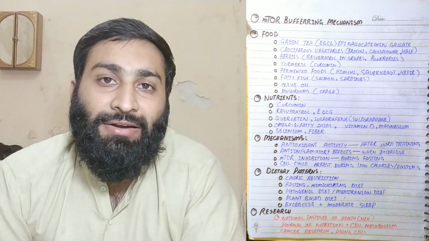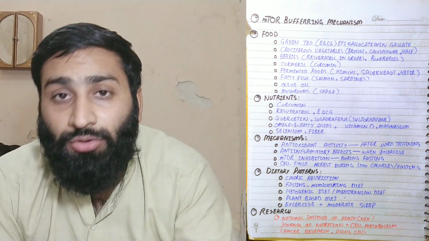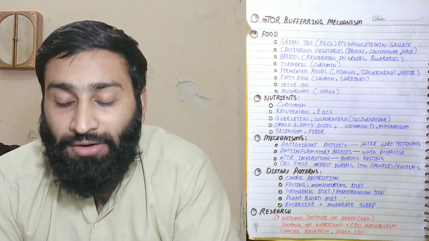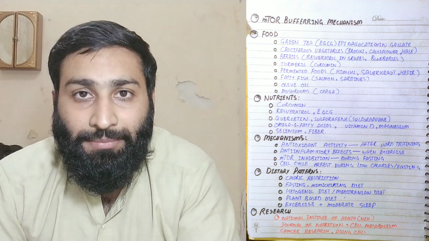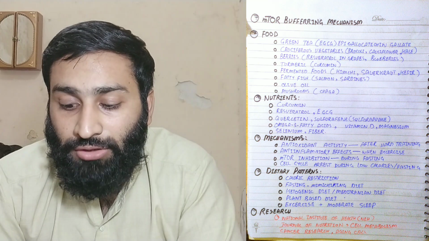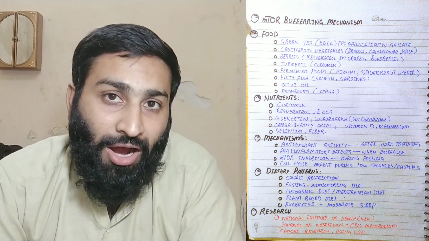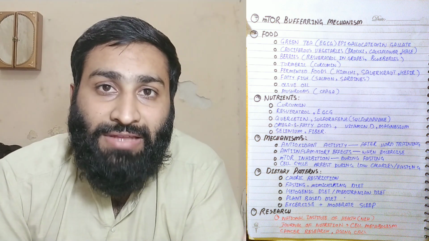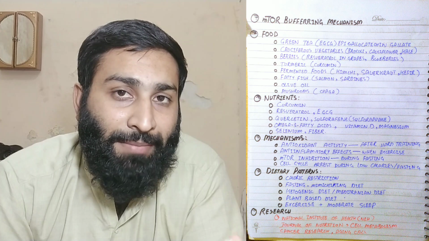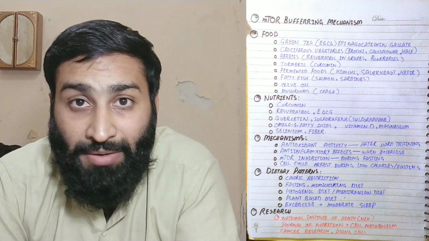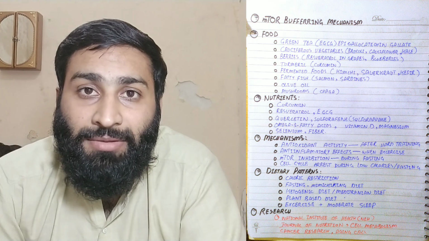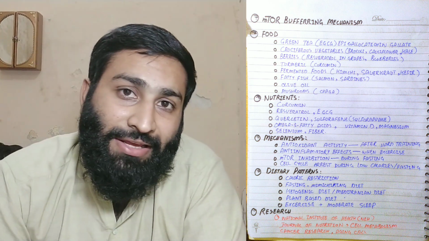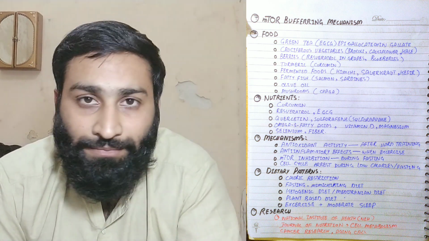So let's understand the dietary pattern, how to get the diet. Caloric restriction is important, as are fasting and fasting-mimicking diets. Another is the mammalian target of rapamycin: rapamycin and metformin are also anti-aging and will inhibit it.